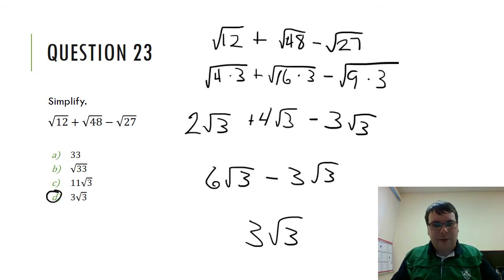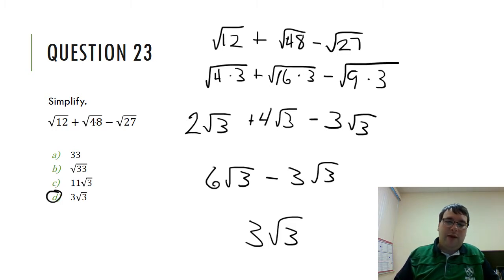We're going to simplify. So we have the square root of 12 plus the square root of 48 minus the square root of 27. Can 12 break down? And what I mean by that is, can we get something that is a perfect square? The answer is yes. 12 is technically 4 times 3, right? And 4 is a perfect square.